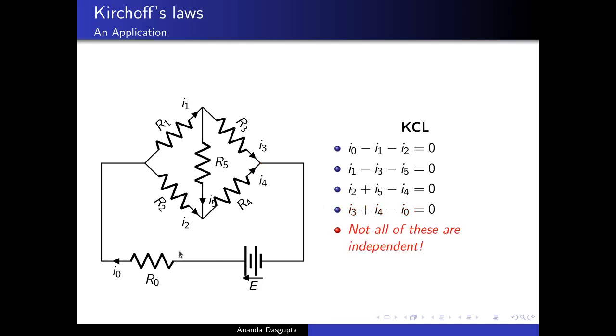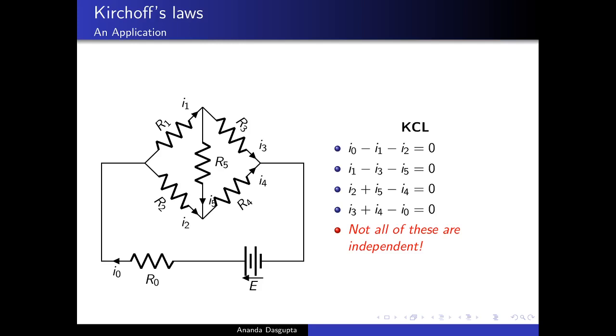and so on. Well, I've already got 4 equations, and it turns out that not all 4 of these are independent. In fact, I can get a few more. So, the point is, if you keep on applying KCL to every node you see, you will soon get to see equations which essentially repeat each other.